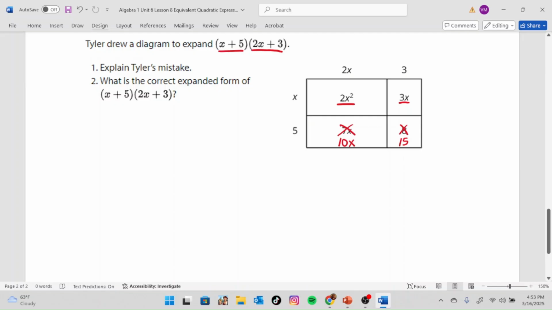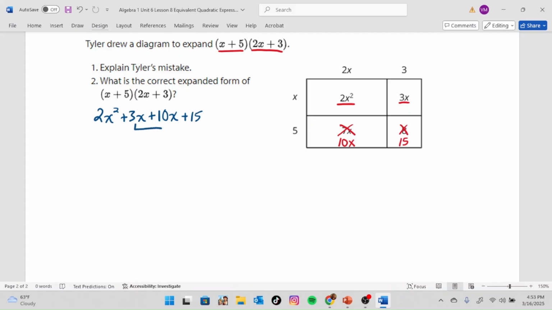Now, for number 2, what is the correct expanded form? We have 2x squared plus 3x plus our corrected answer in the bottom left of 10x plus our corrected answer in the bottom right of 15.